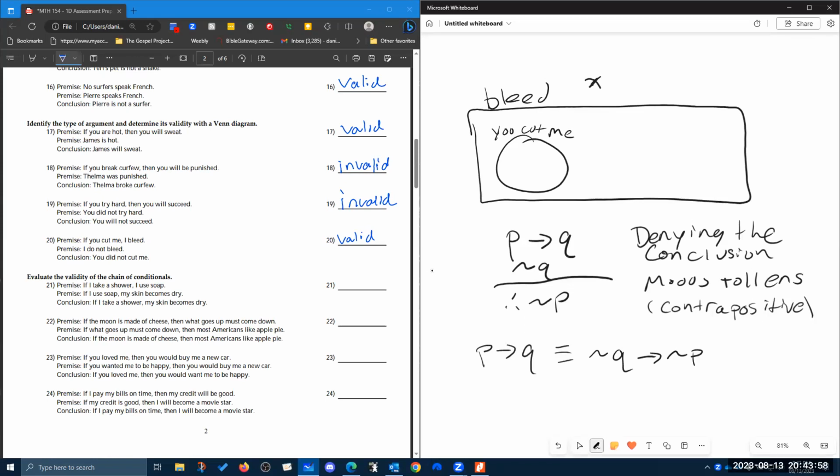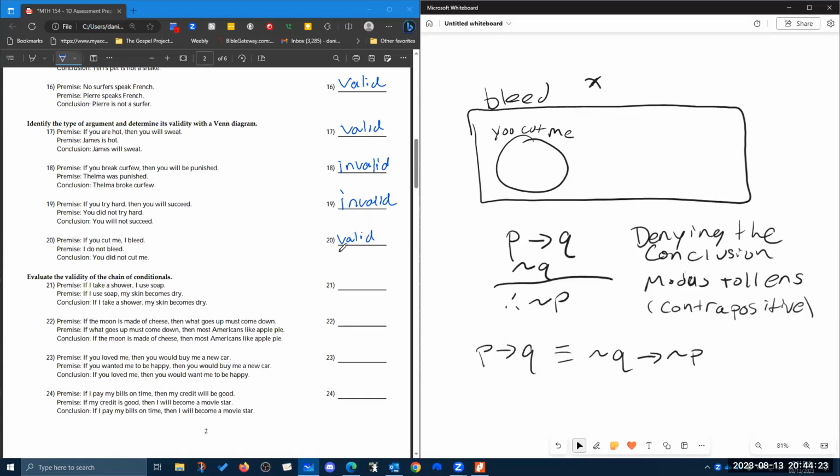So if you're in a formal logic class, discrete math class, something like that, you're probably going to call this modus tollens. If you're in an informal logic situation, maybe like quantitative reasoning, you might use a phrase like denying the conclusion. So that was a valid argument.